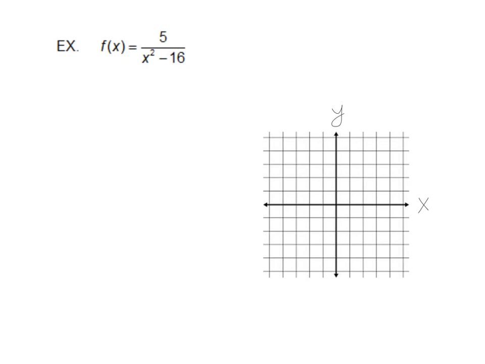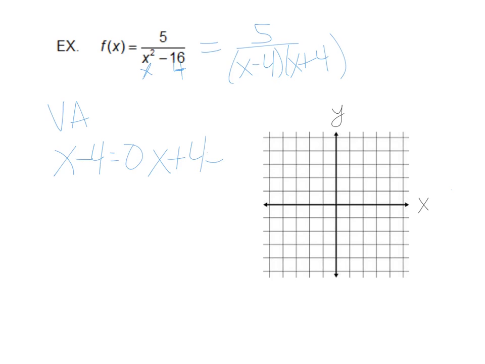When you have an x squared on the bottom, you need to factor first. So this one would be 5 over, and we have a difference of squares. The square root of x squared is x. Square root of 16 is 4. So that factors into x minus 4, x plus 4. Now to find our vertical asymptotes, we're going to set both of those parentheses equal to 0. X minus 4 equals 0, x plus 4 equals 0.